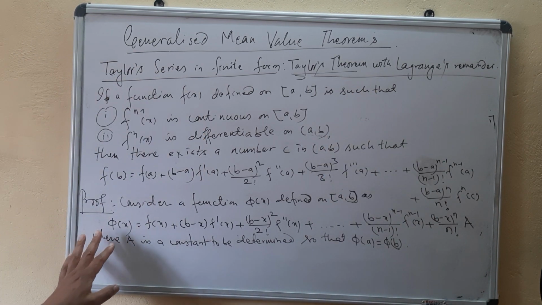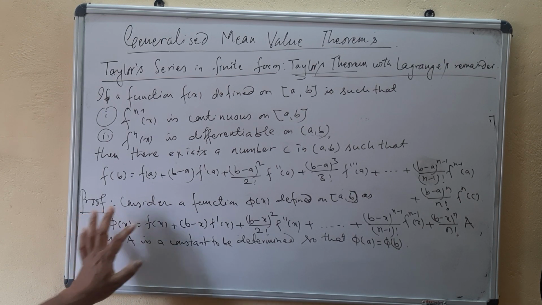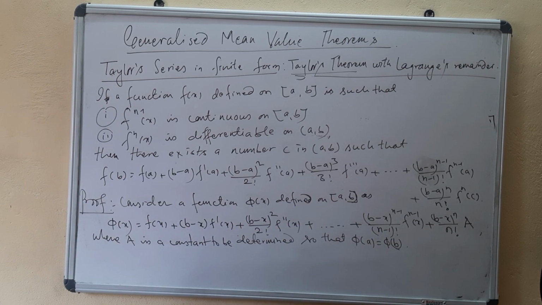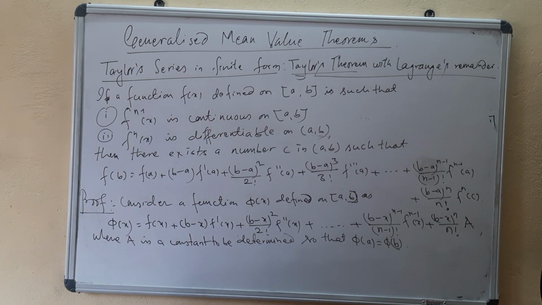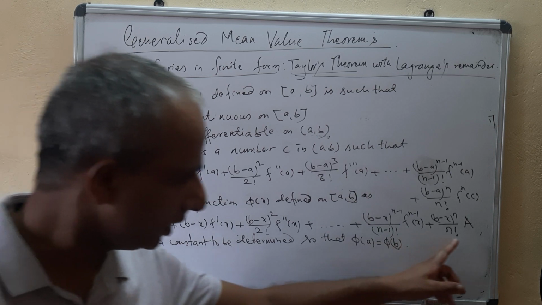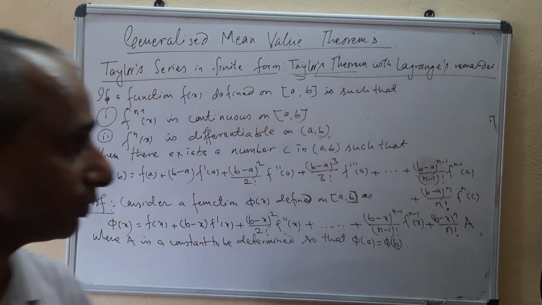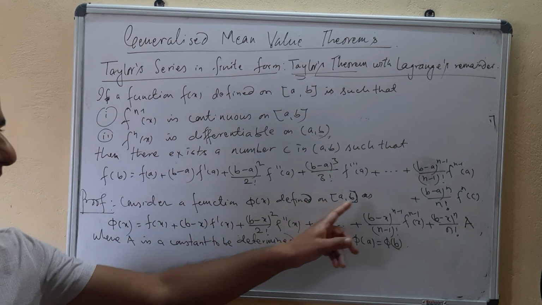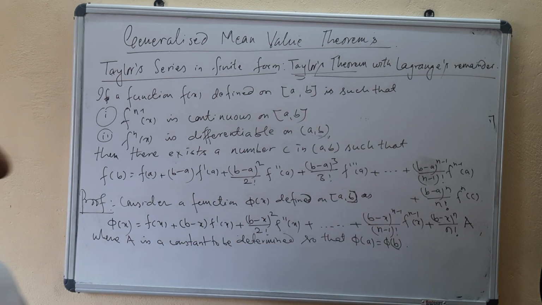We define a new function phi of x, and it's defined on the same interval AB, meaning x belongs to AB, and here we use a constant A. And we need to find A in such a way that the value of phi at points a and b will be equal, phi(a) equals phi(b).